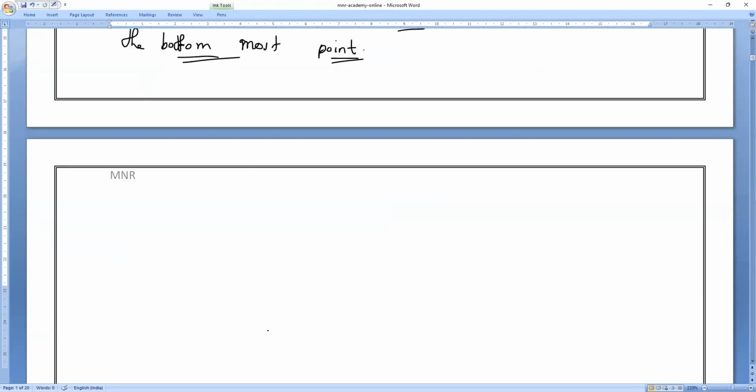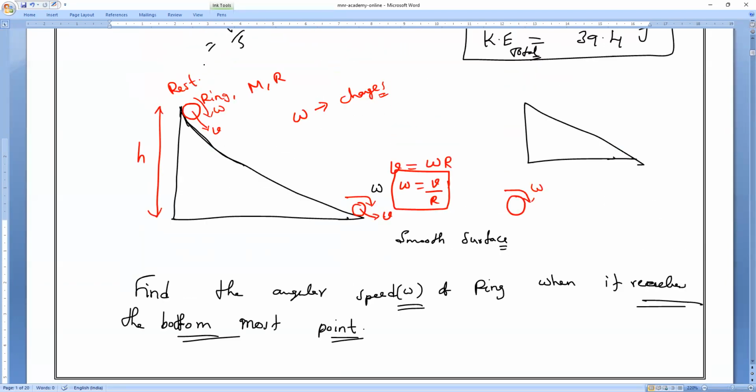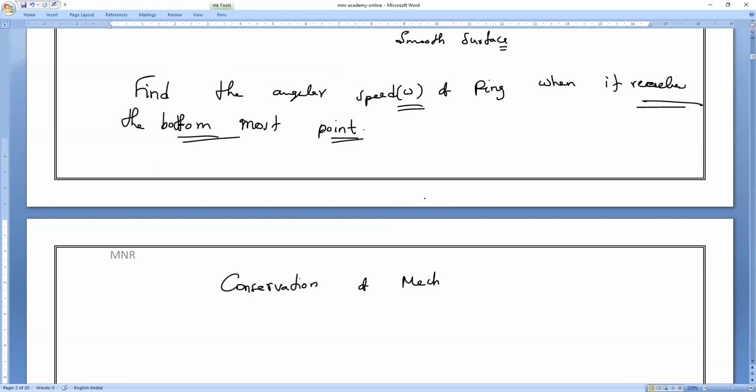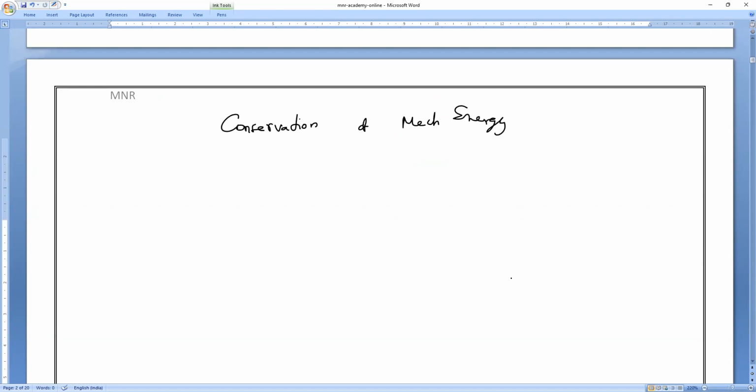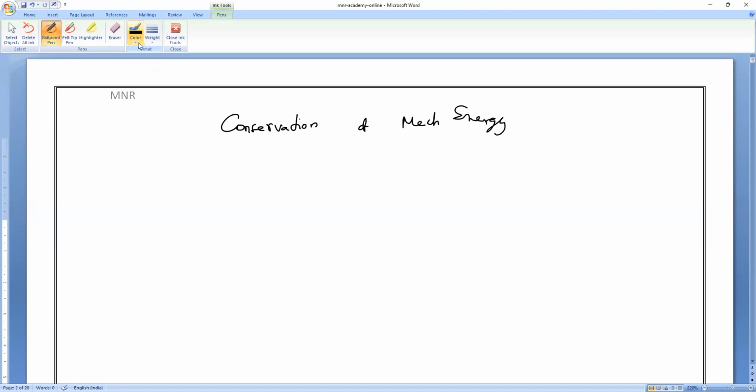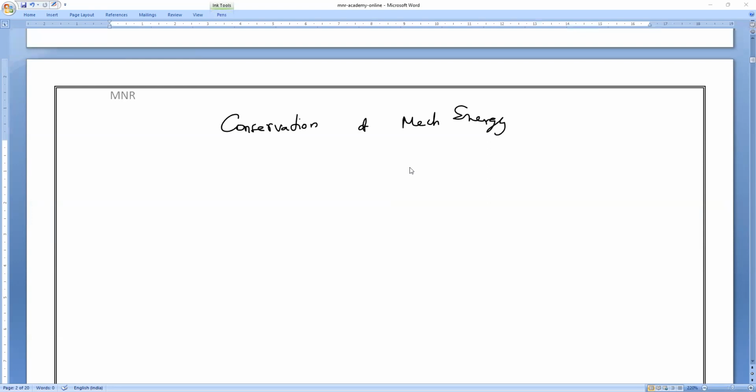To derive this, as it is rolling down from a certain height, conservation of which energy? Potential energy is converting into what energy? Kinetic energy. So we will use conservation of mechanical energy.